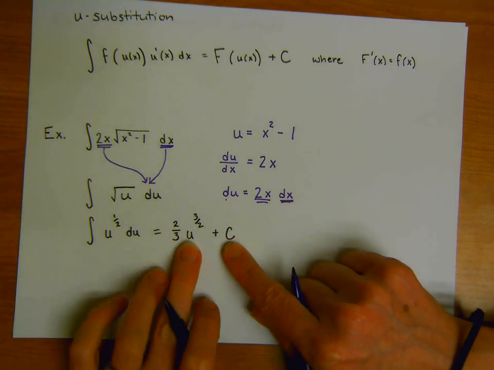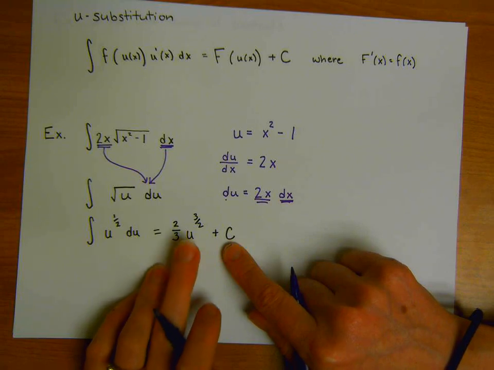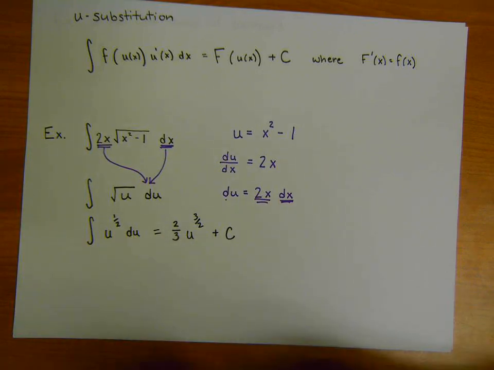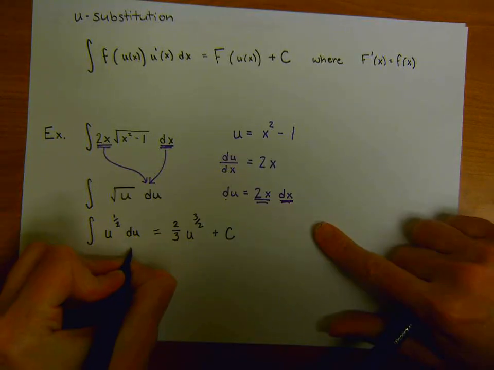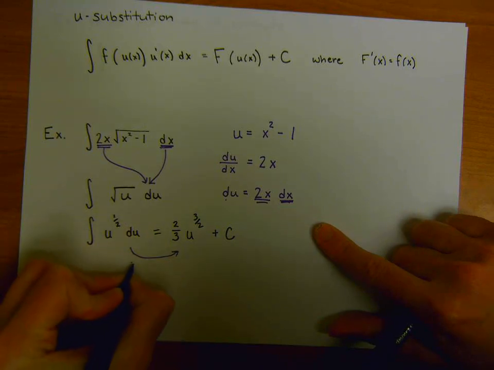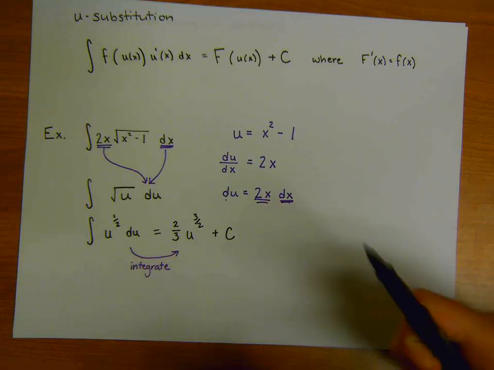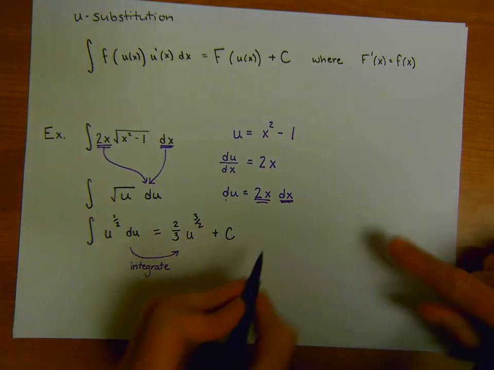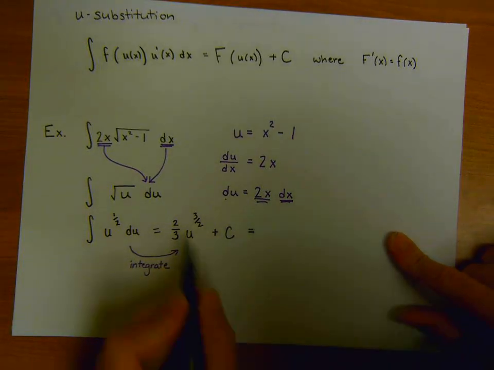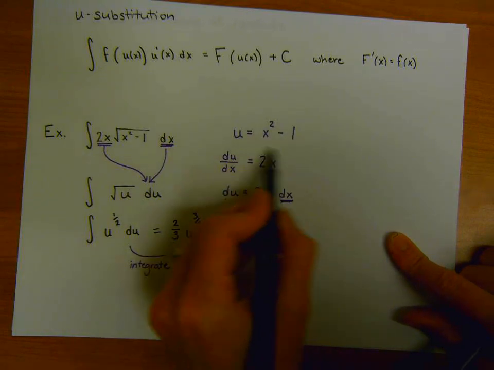And I'd like to say, aha, this is my final answer, but this answer isn't quite good enough. So this was my integration step. In my final step, I have to convert the u back into its original.